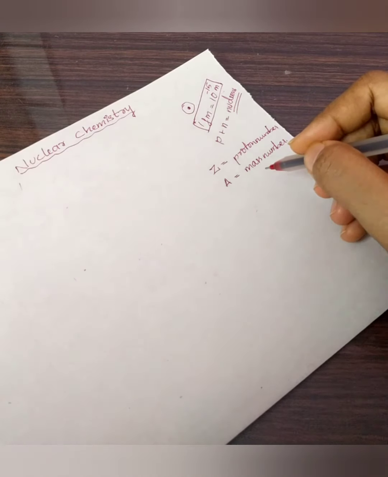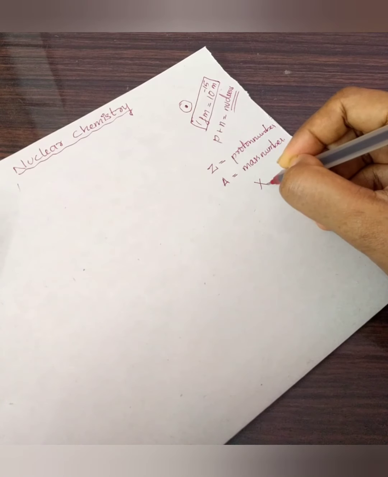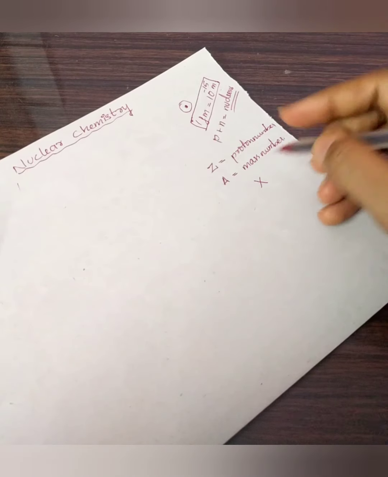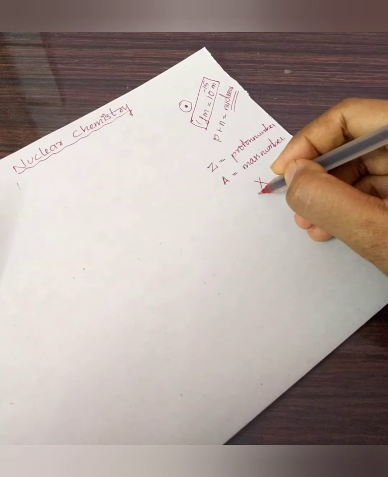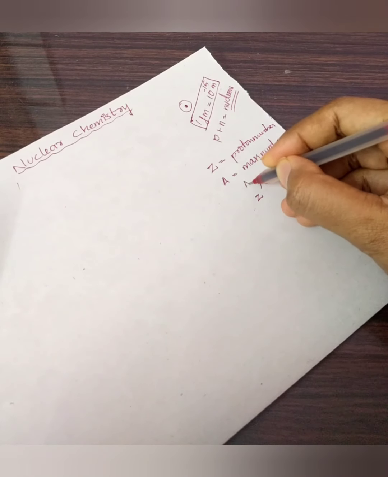The general representation of a nuclide is X, where X means hydrogen, helium, lithium; it can vary. Its proton number we write at the bottom and the mass number we write at the top.